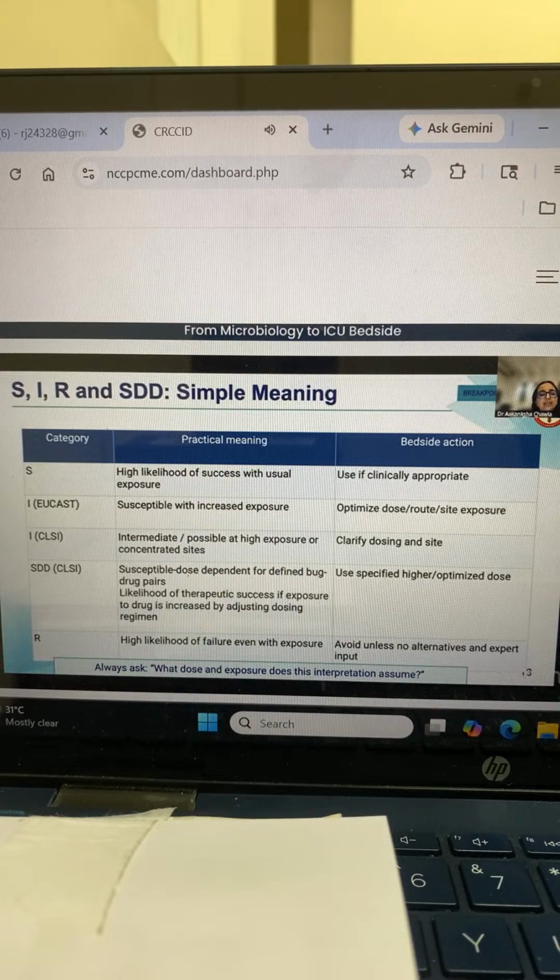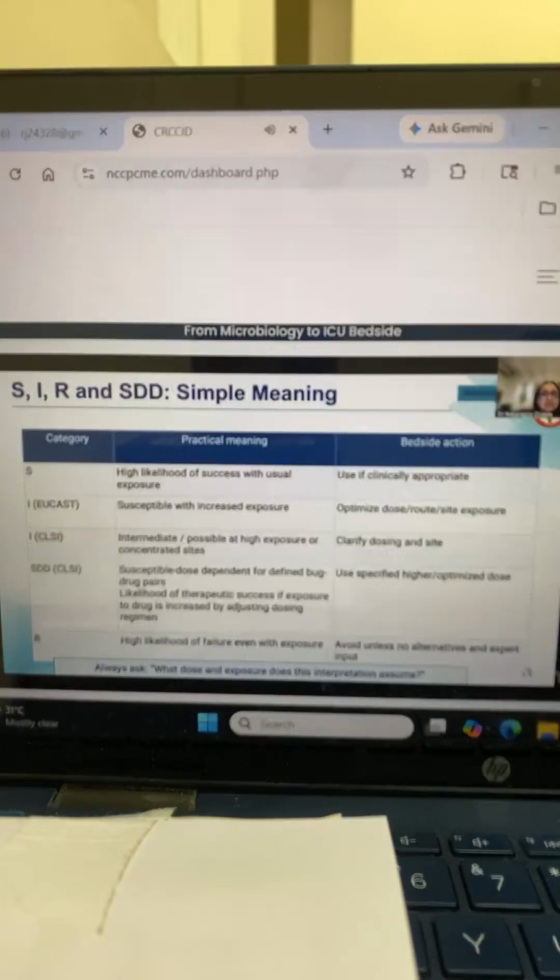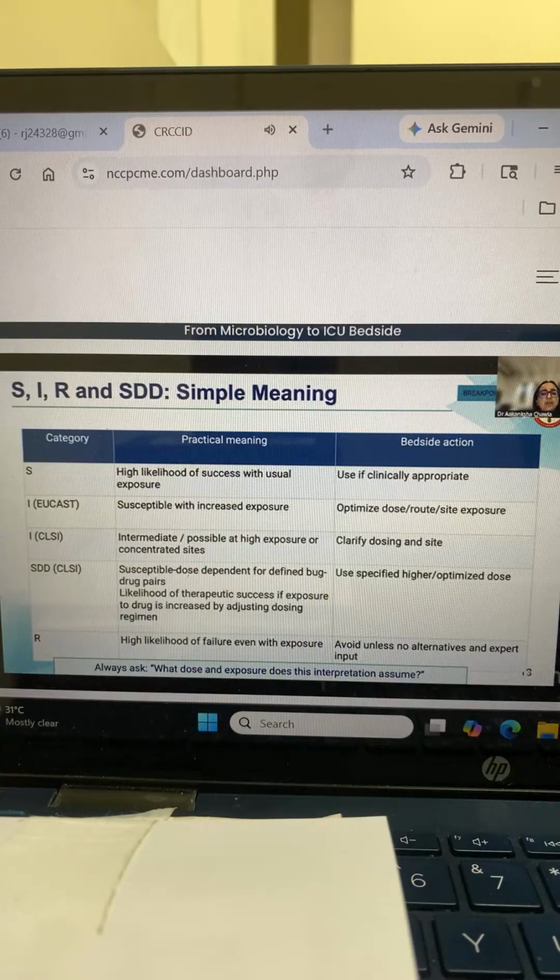Clarify dosing and site. SDD is only given by CLSI, which is susceptible dose dependent for defined bug drug pairs. Likelihood of therapeutic success if exposure to the drug is increased by adjusting dosing regimen. And R is high likelihood of failure even with exposure. Avoid unless no alternatives are available.